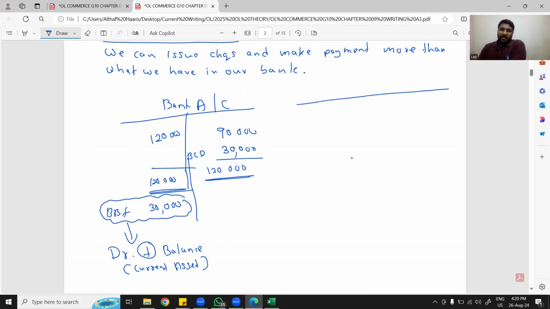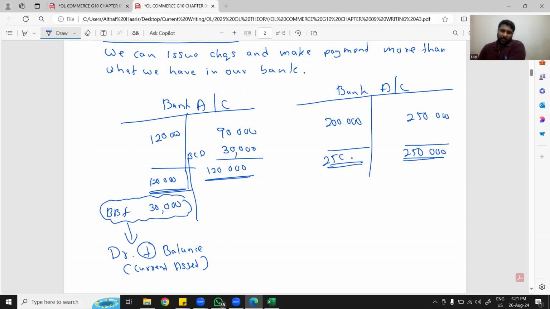Now let me take another example. Bank account. This time my debit side is 2 lakhs. Credit side is 250. Now I am balancing 250, so balance CD goes here and BF should come on the other side. BF 50.